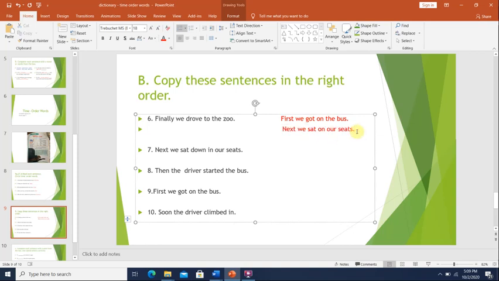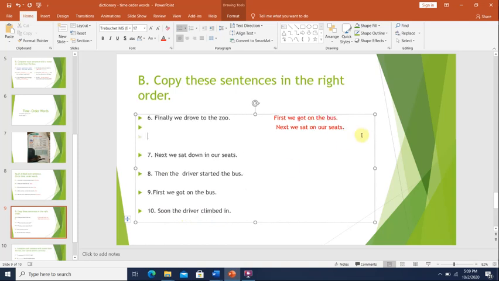What do you think will happen? We have 3 more sentences. Finally, we drove to the zoo. Then the driver started the bus. Or soon the driver climbed in. Of course, the driver must come into the bus first, right? So the next sentence would be, soon the driver climbed in.